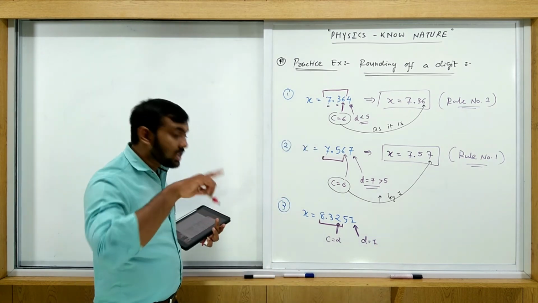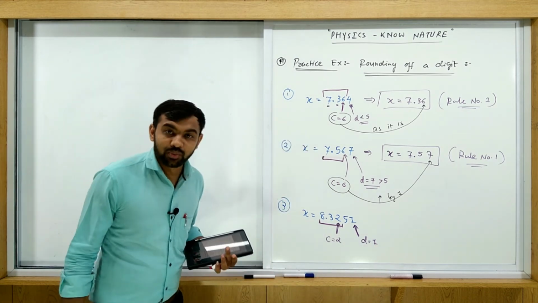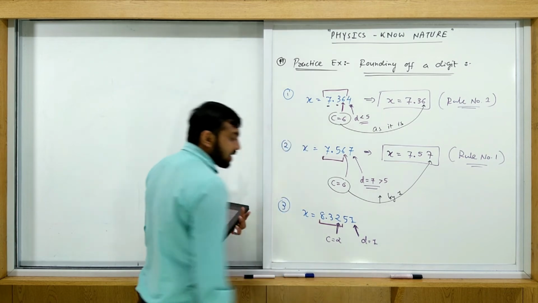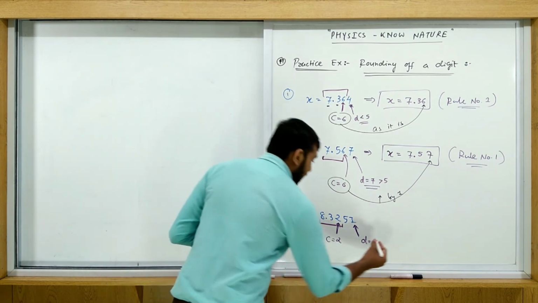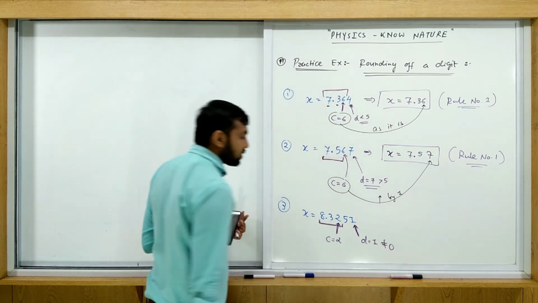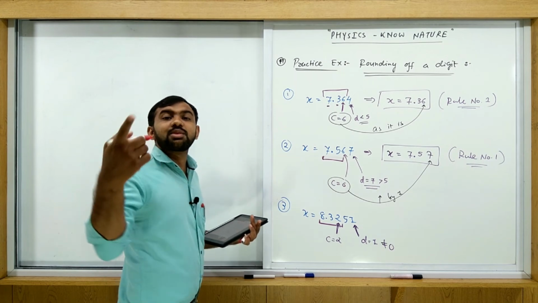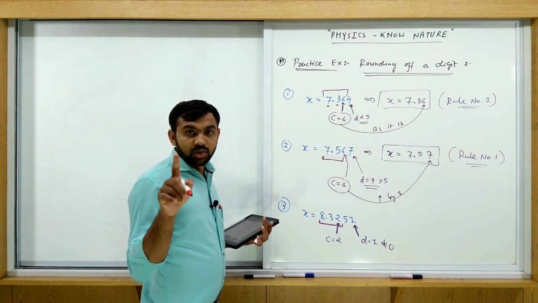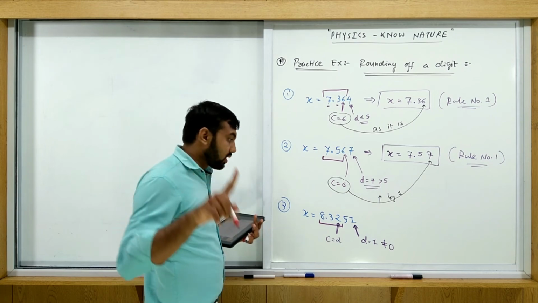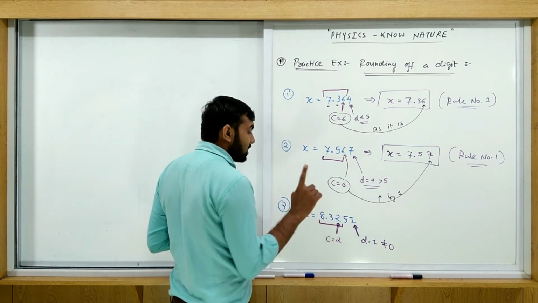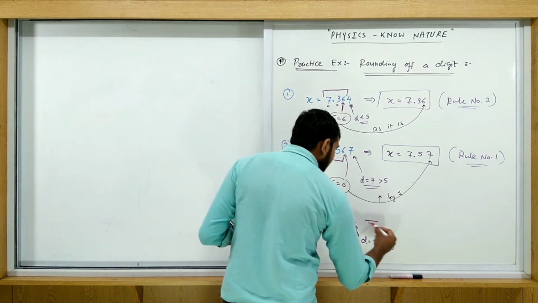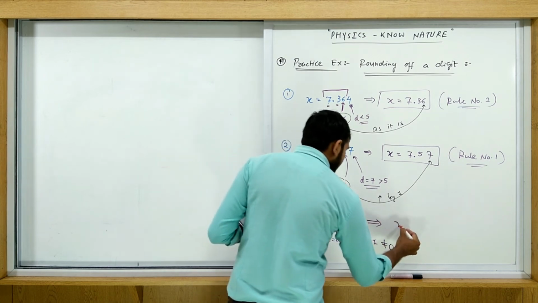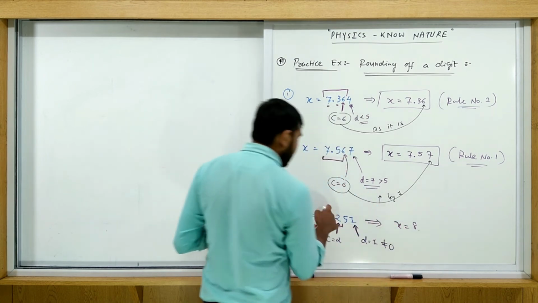In this case D does not equal 0, so this rule applies and C is increased by 1. Rule number 2, case number 1. So what is our final answer here? X is equal to 8.33.